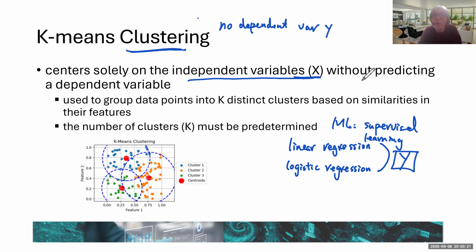No prediction is involved. And if there is no prediction involved, and you only discuss the independent variables, this kind of modeling in machine learning we call unsupervised learning.